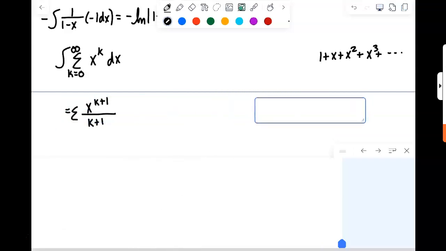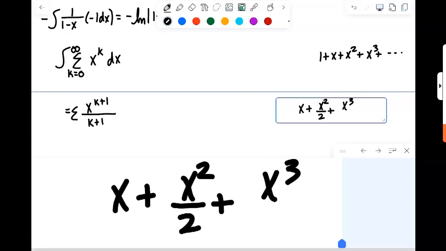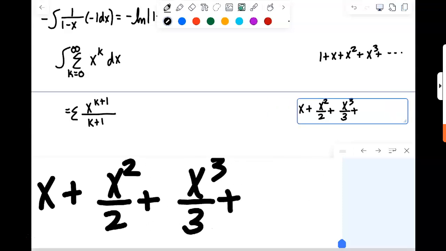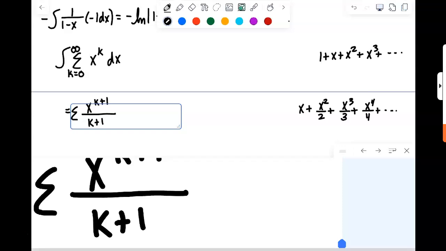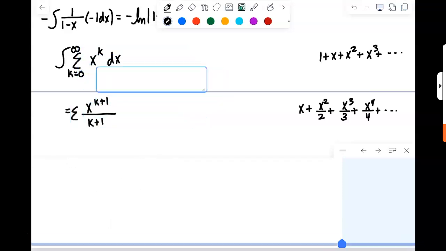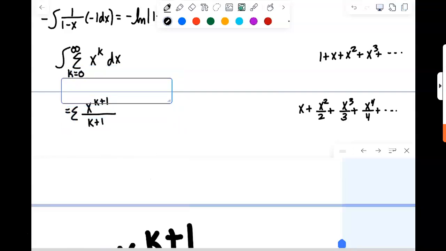So the terms would look like this: x plus x squared over 2 plus x cubed over 3 plus x to the 4th over 4, and so on forever. Now, keep in mind that the 0 term that was originally there, this is still going from 0.